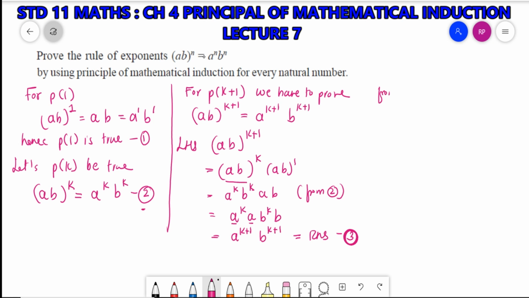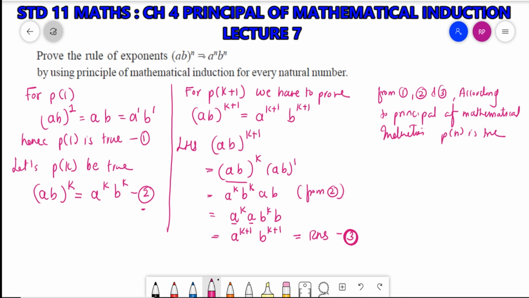Hence, from 1, 2 and 3, according to the principle of mathematical induction, P of n is true for every n belonging to N. Clear? Just note down this question.